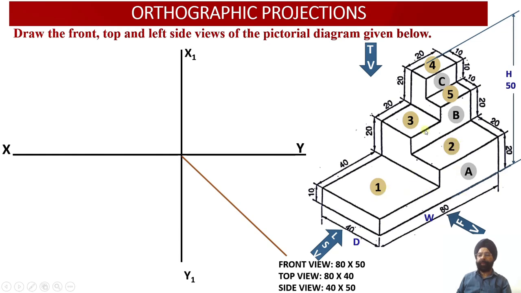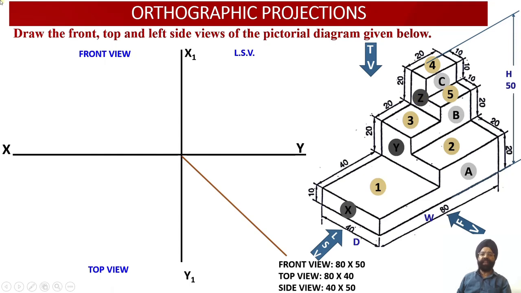So the true shape of surfaces 1, 2, 3, 4, 5 will be observed on the horizontal plane in the top view. Then you have 3 more surfaces which you are going to view from the side view. Again X, Y, Z surfaces are parallel to the profile plane. So the true shapes of these surfaces will be available in the side view, right?